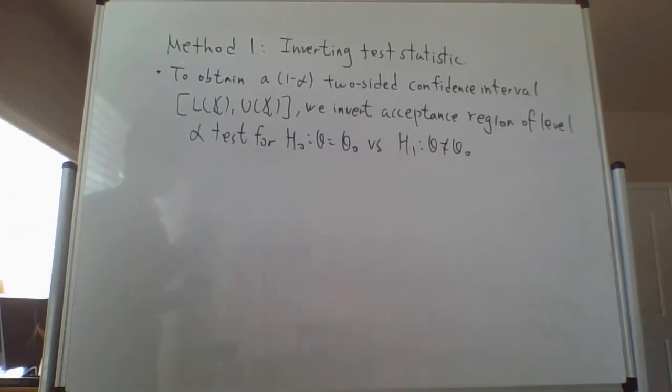To obtain the 1 minus alpha two-sided confidence interval, we invert the acceptance region of the level alpha test for theta equal to theta 0 versus theta not equal to theta 0, which is the two-sided test. So we invert the acceptance region of the two-sided test to get the two-sided confidence interval.